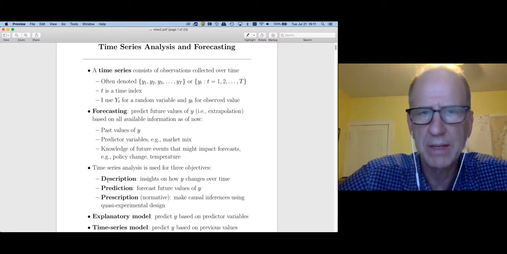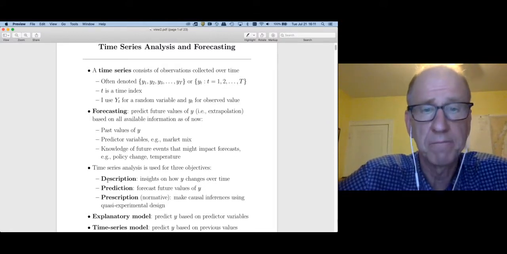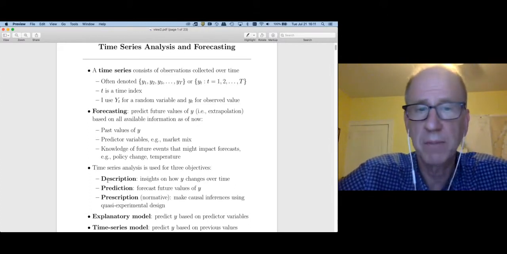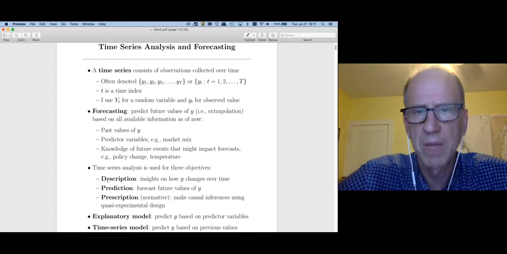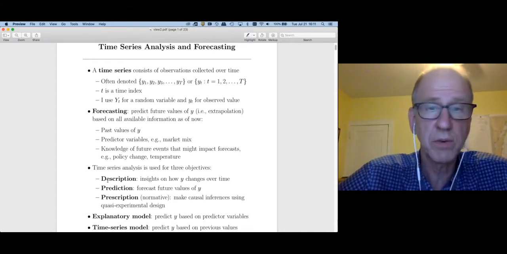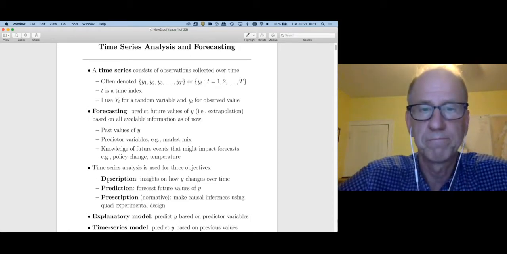More on that in a minute, but maybe I want to know, is there seasonality? Do I sell more in summer than I do in winter? That would be an example of a descriptive question. Is there a trend? Are COVID cases increasing right now? Are they decreasing? That would be another descriptive question.